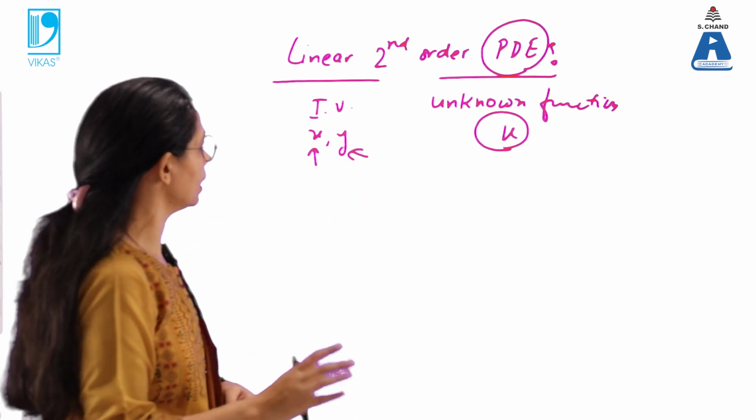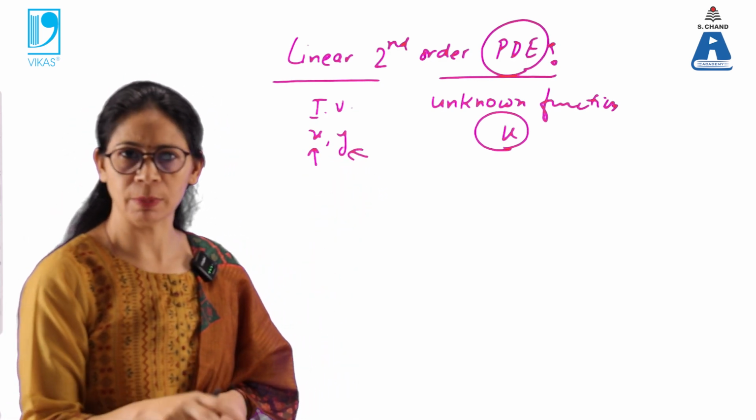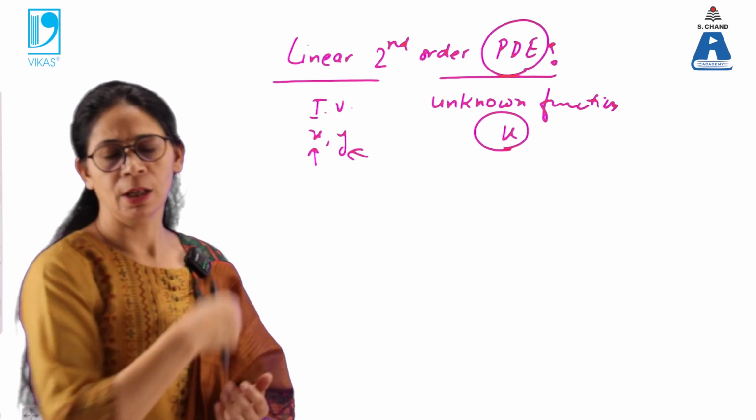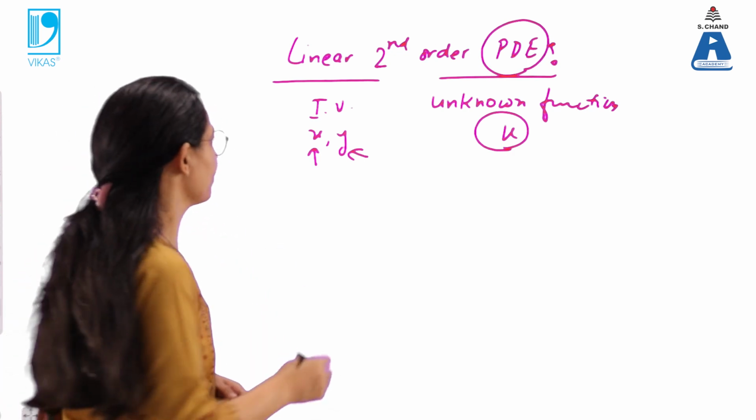of this unknown function with respect to these two independent variables. Now, it is not necessary that there can be only two independent variables, but we are taking two independent variables for this case.